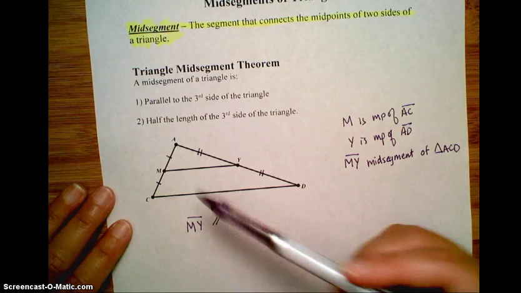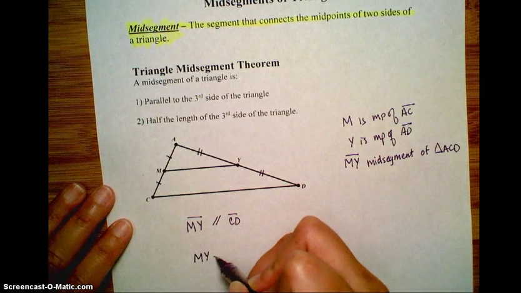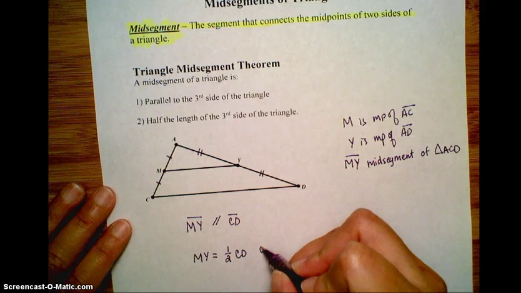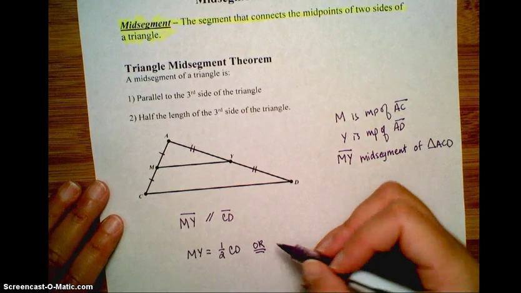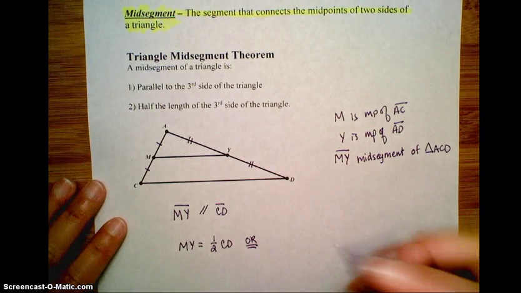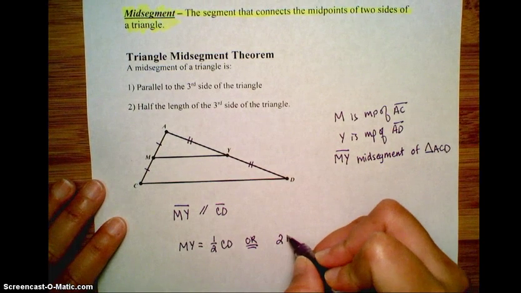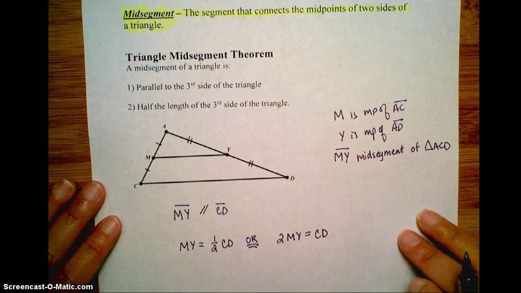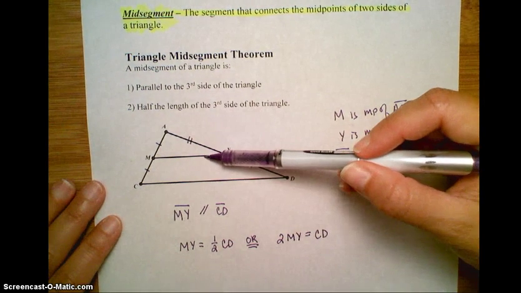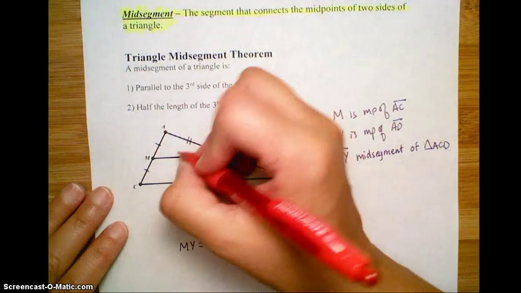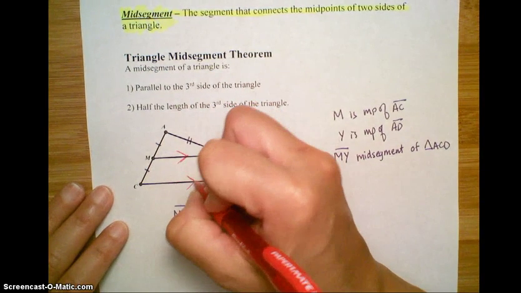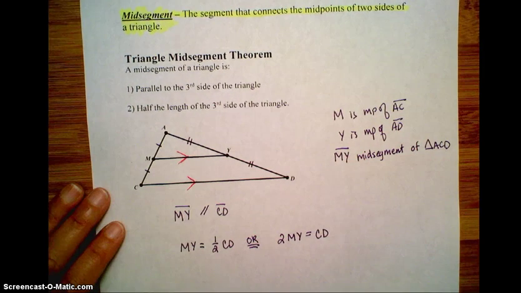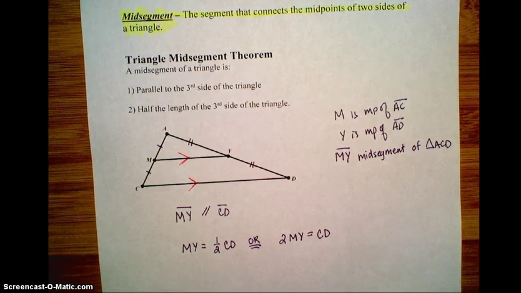The theorem also says that segment MY will be half the length of segment CD, or if you'd like, you can say that double the length of segment MY equals the length of segment CD. Okay, so again, this segment is parallel to the bottom. That's what the theorem says. It also tells you that this segment, again, is half of this one. Okay, we're going to move on to the examples on page 2.